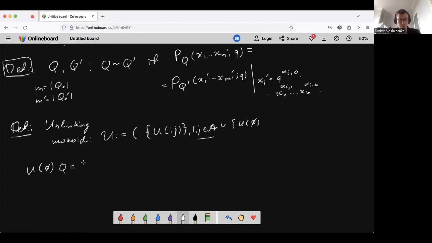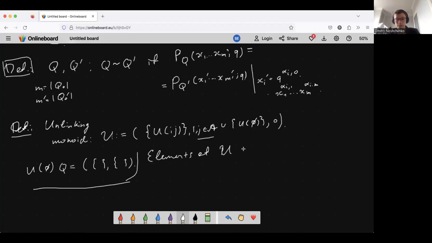This gives the quiver whose matrix is empty and whose vector of variables is also empty. And we can consider all possible compositions of such operators. So what are the elements of U? The elements of U are sequences of unlinkings.